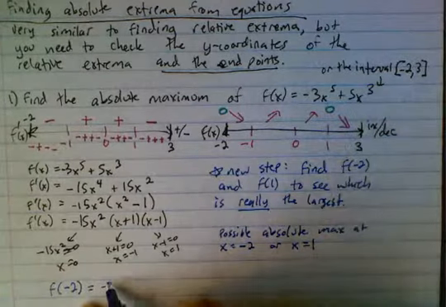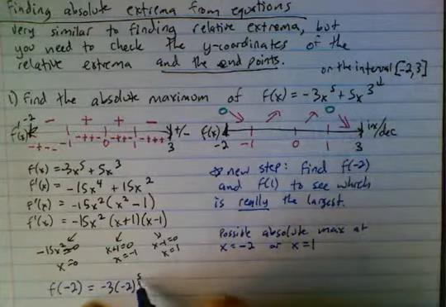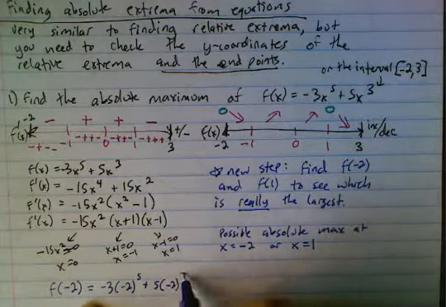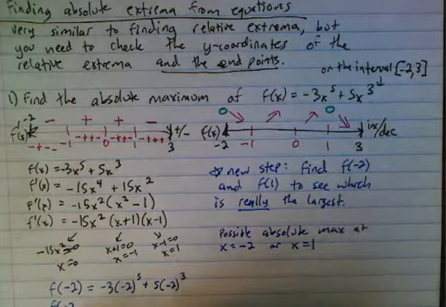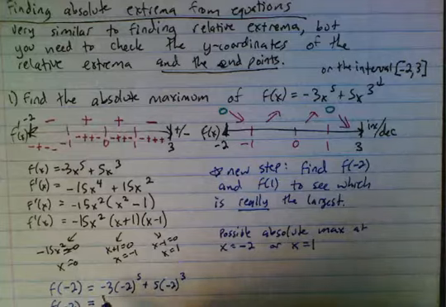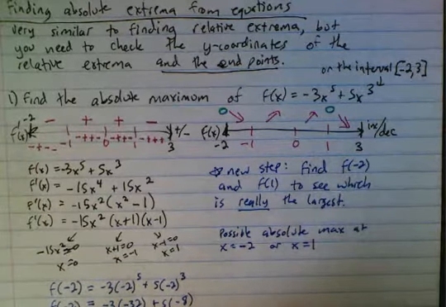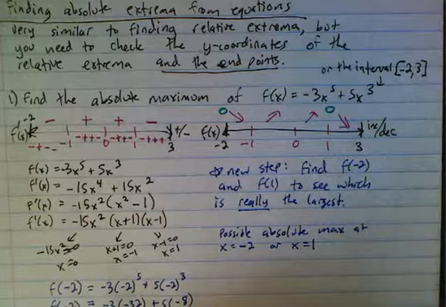Here's our equation. -3 times -2 to the 5th plus 5 times -2 cubed. It's -3 times -32 plus 5 times -8. So this is 96 minus 40.